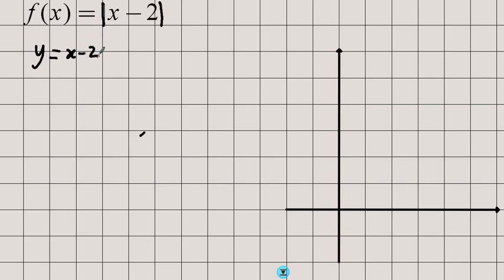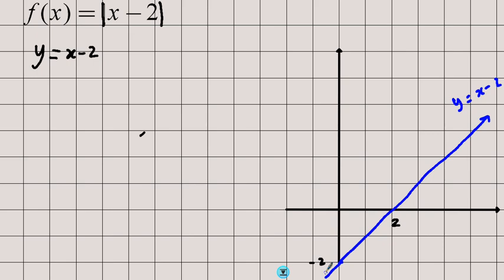And as you know, this has an intercept of negative 2 and a slope of 1. So this line looks like so. This is negative 2, and this is 2, and this is y equals x minus 2. And of course, it continues that way.